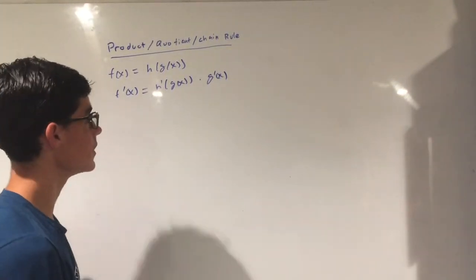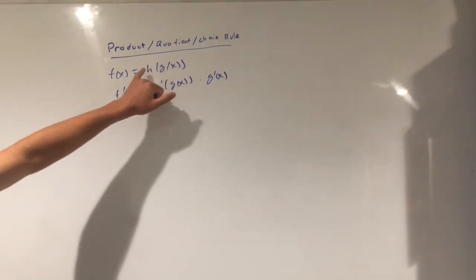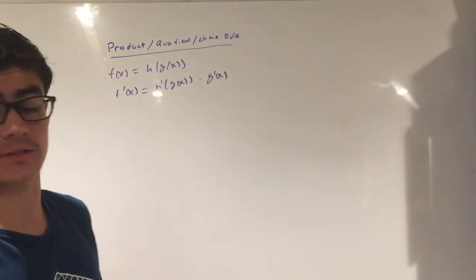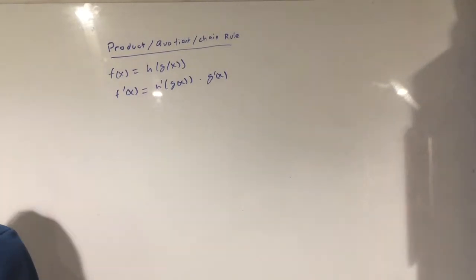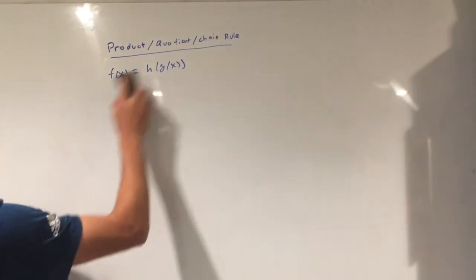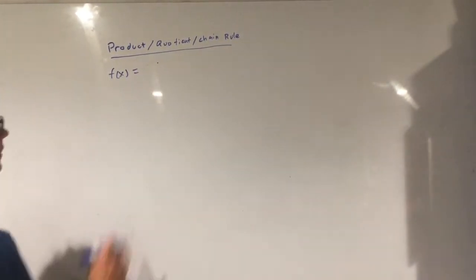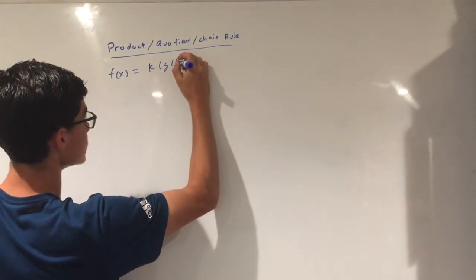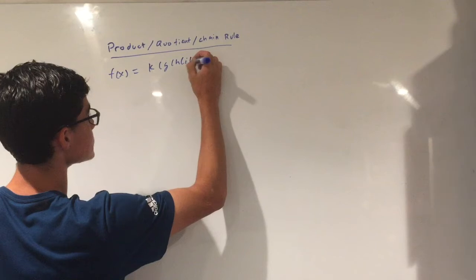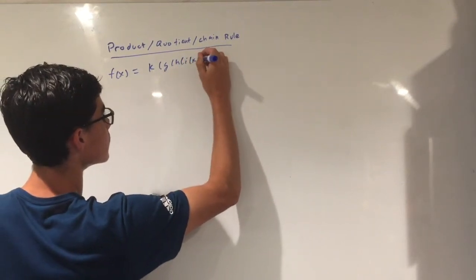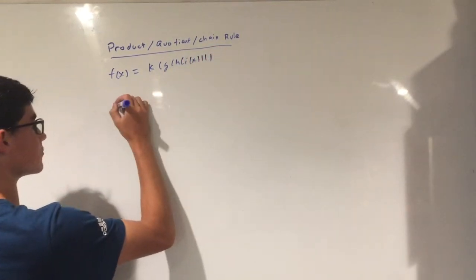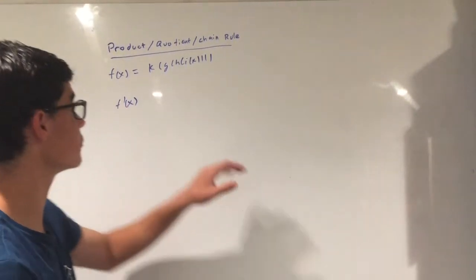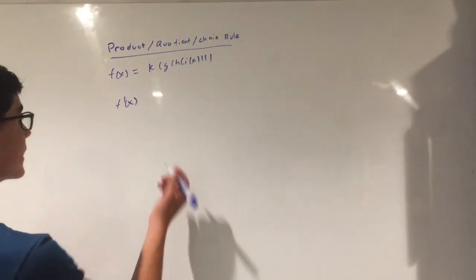And so it really would not matter how many outer shells you have, you would still take the chain rule the same way. So for example, if we were to say f of x is k of g of h of i of x, f prime of x really would not be as different as our last example, but we just have more shells to account for.